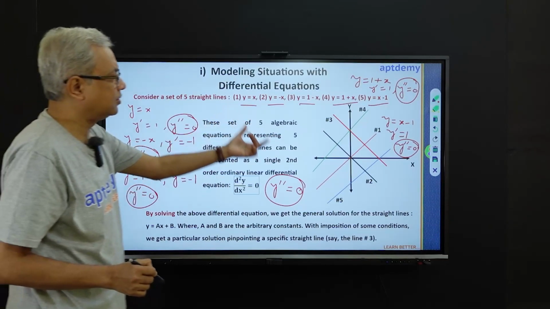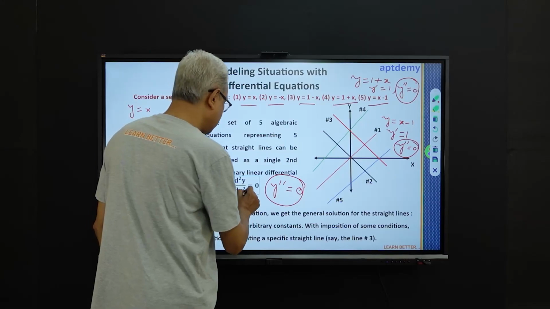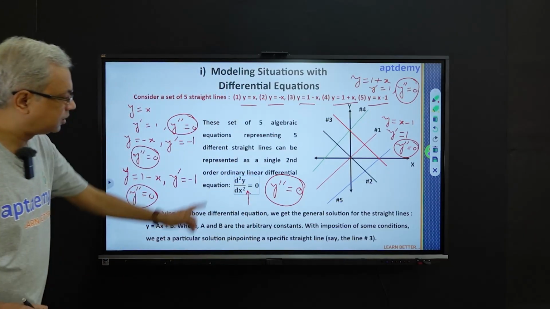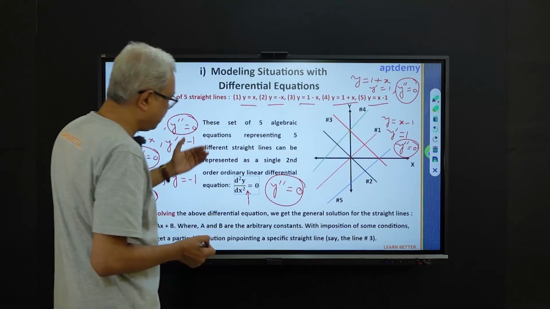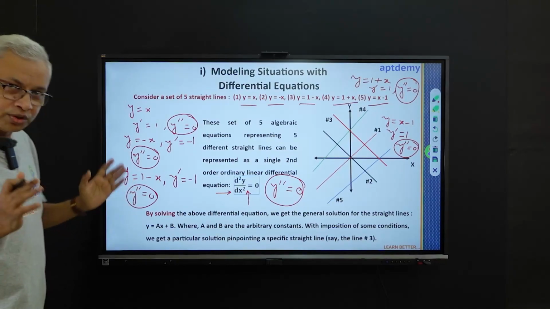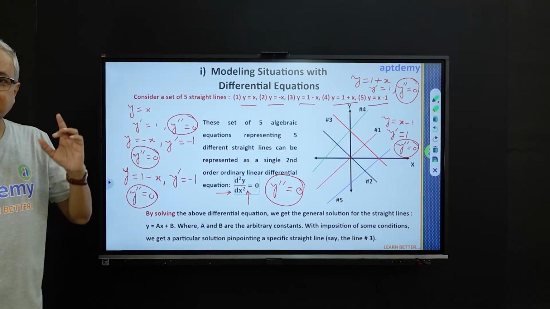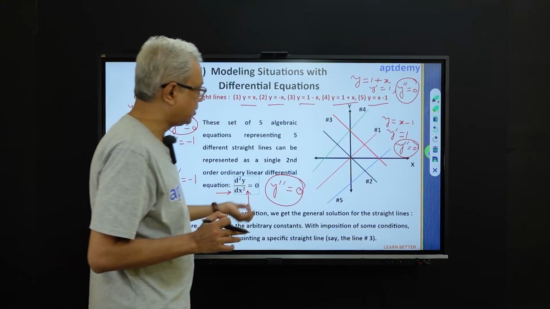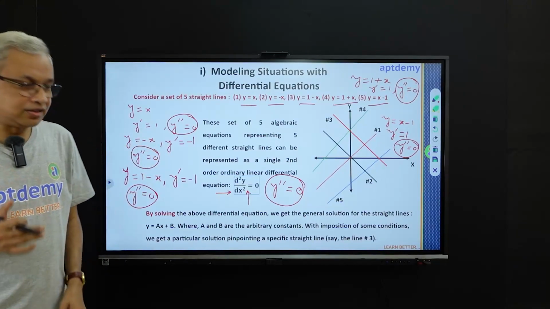All these 5 straight lines can be represented by a single second order differential equation, d2y dx square equal to 0. So from the algebraic equation you can get this type of differential equation. Possibly by solving the differential equation d2y dx square equal to 0, you will get a set of straight lines.